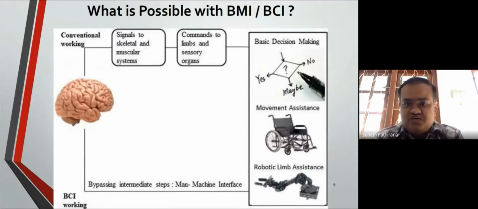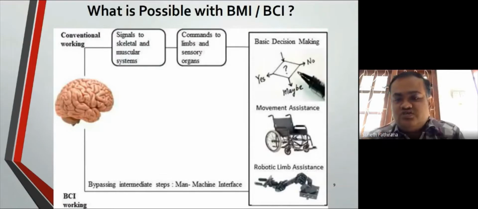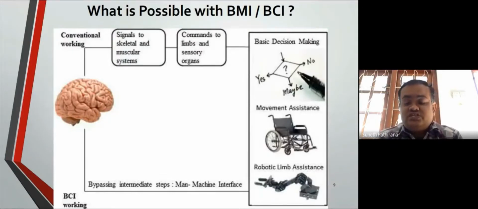Starting from basic decision making, like yes or no. For example, I have implemented a system to emulate the computer mouse function, whether the intention of the user is to click the button or just leave it.